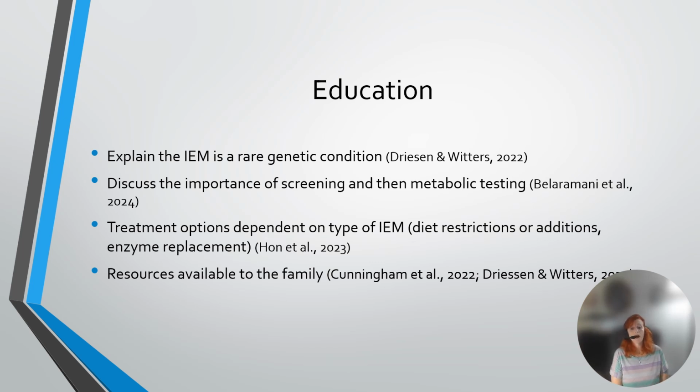And then your treatment options are really your diet restrictions or additions, enzyme replacements, right? Those are the best treatment options. And obviously, if transplant is an option, that can definitely be considered.